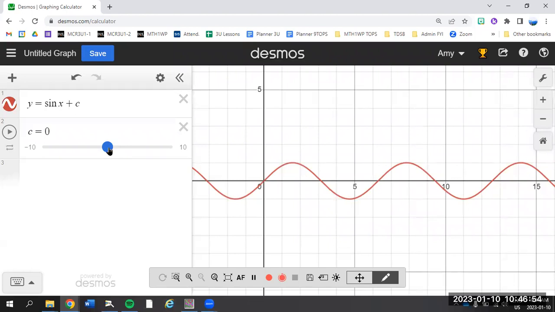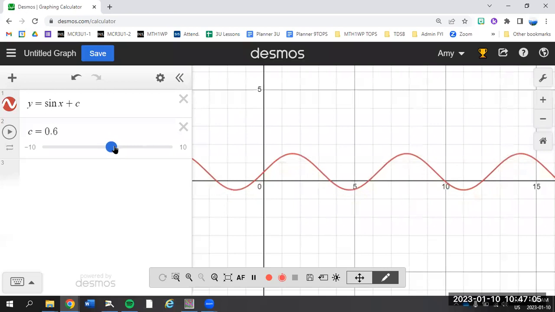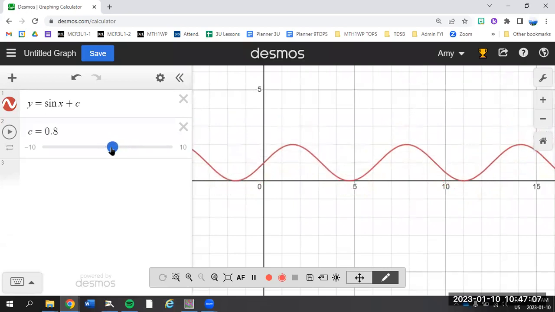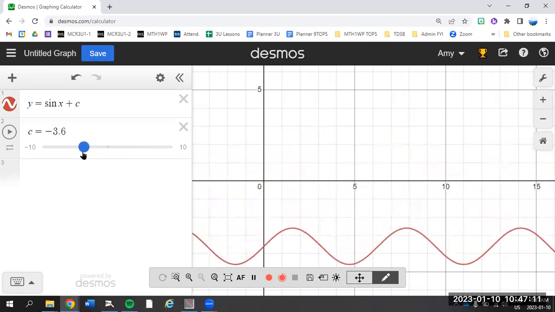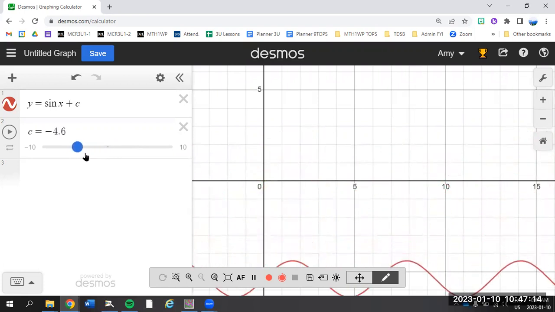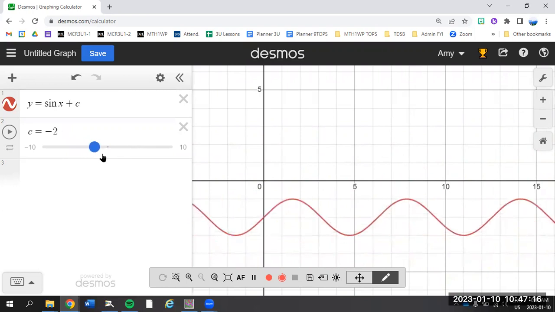Vertical? I'm hearing different things. Vertical? So we're translating it C units up. Okay? So if C is negative, this is a vertical translation down.